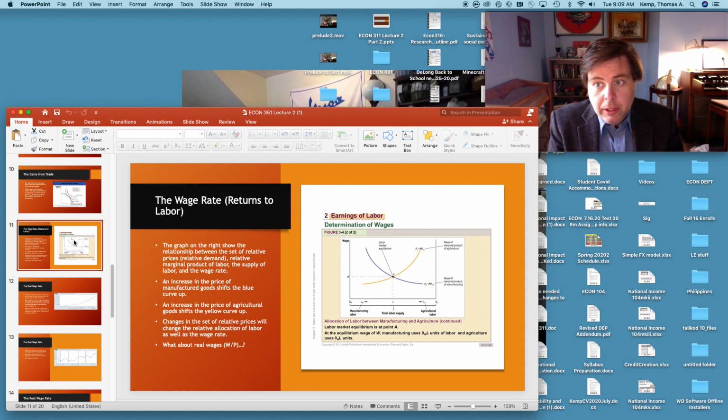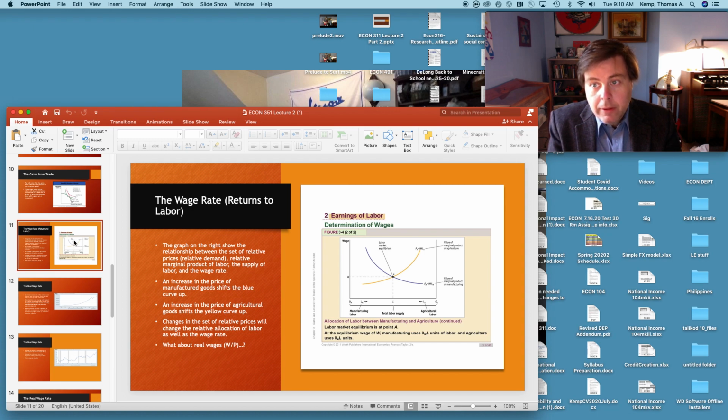Okay, and this is a little tricky. So draw this out, copy it exactly, and then you're going to probably get some scratch paper because you're going to want to do this a few times, because what we're showing here is a lot of stuff, and it's more complicated than your average, certainly Econ 103 or 104 graph. What we're showing here is if we start from the lower left-hand corner of this graph, that is the wage rate and production of manufactured goods.